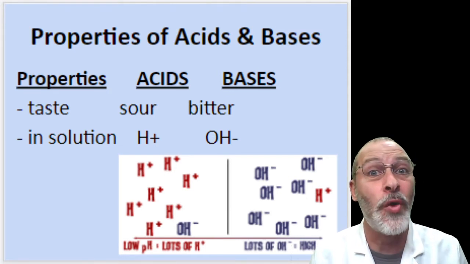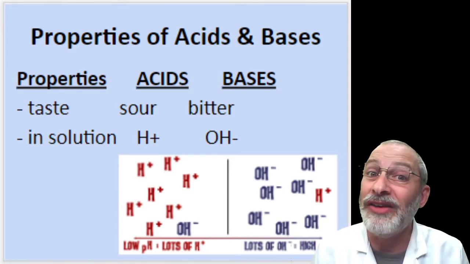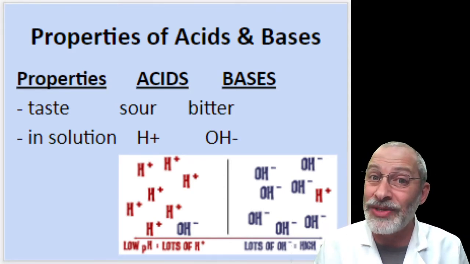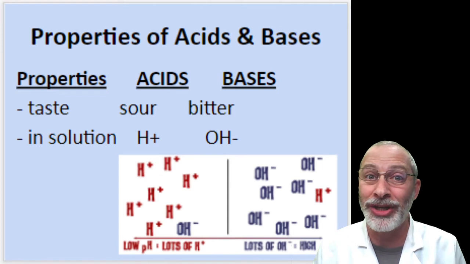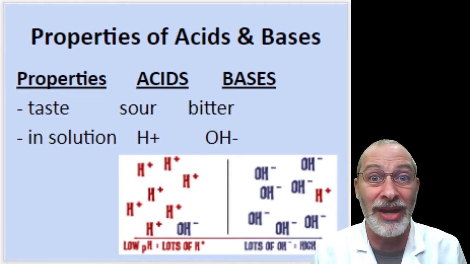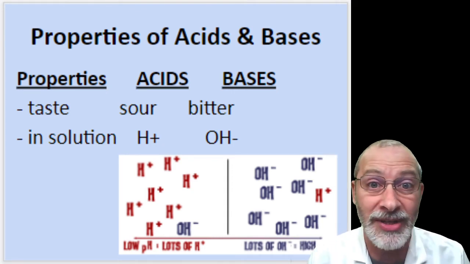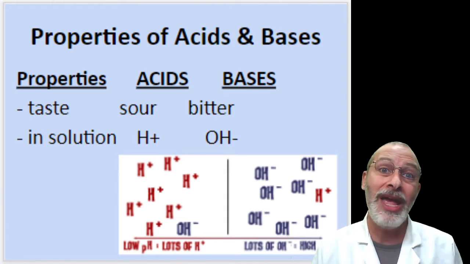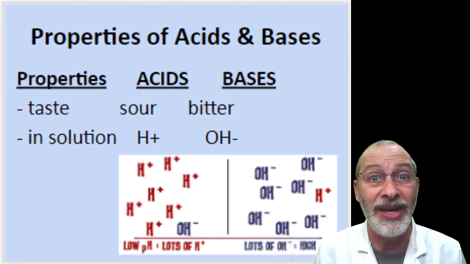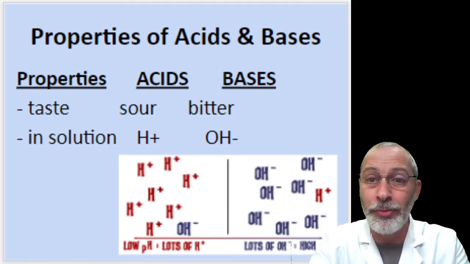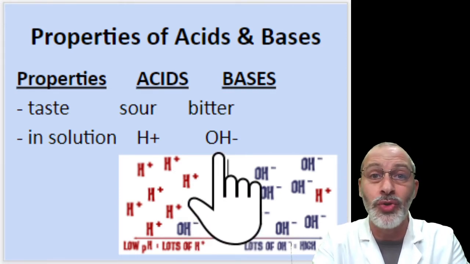If you're looking at the chemical formula of a base, chances are if that formula ends with the symbols OH for oxygen and hydrogen, it is a base. For instance, sodium hydroxide. Sodium is Na, hydroxide is OH. Sodium hydroxide is a strong base. And when you put a strong base, or any base, into solution, it's going to produce negative hydroxide ions.